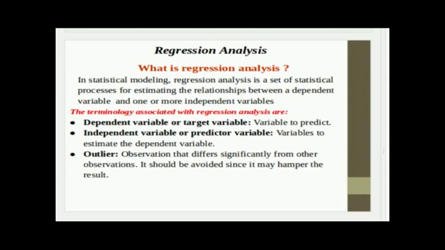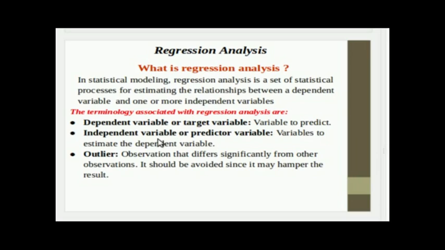In statistical modeling, regression analysis is a set of statistical processes for estimating the relationship between a dependent variable, called the outcome variable, and one or more independent variables, often called predictors, covariates or features.